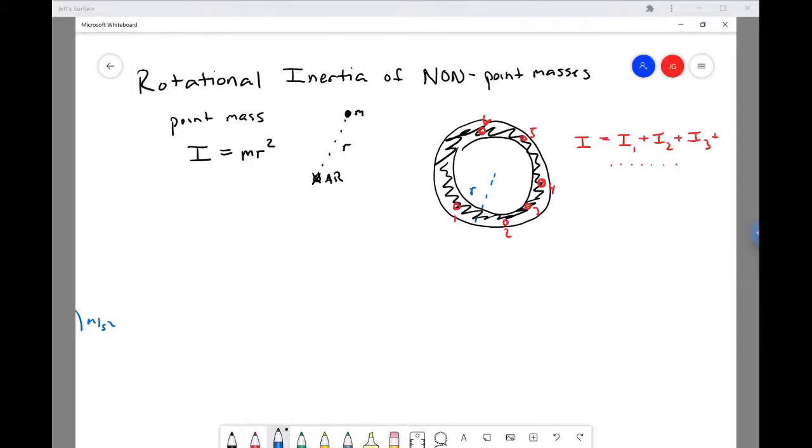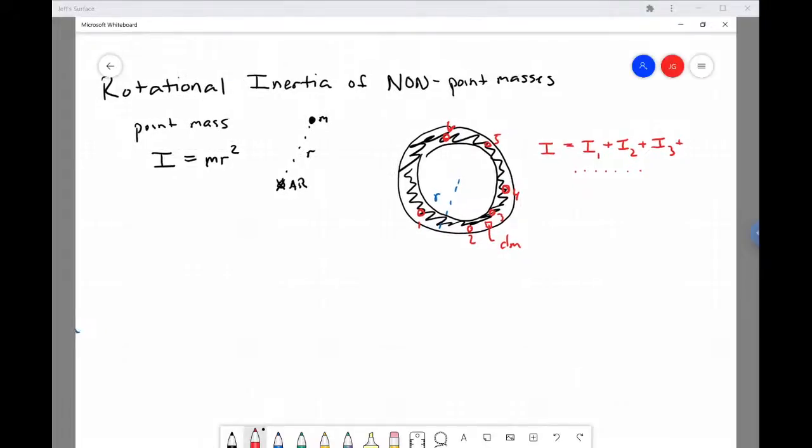So a better way to think about this is to say that each of these little tiny pieces of mass, here I'll draw a new one, is an infinitesimally small piece of mass, dm. Do you see where I'm going? Some of you do. The rotational inertia for this thing would have to be an integral over the tiny bits of rotational inertia for each of these little dm's.